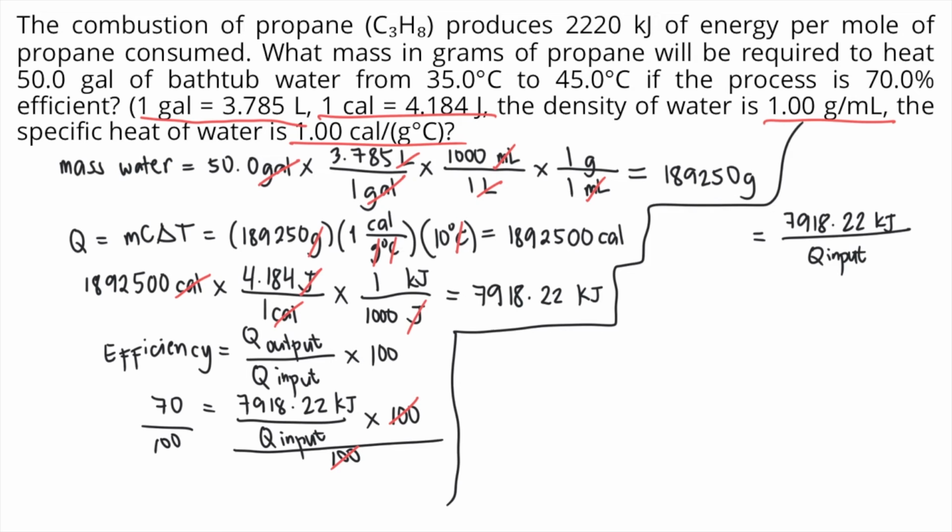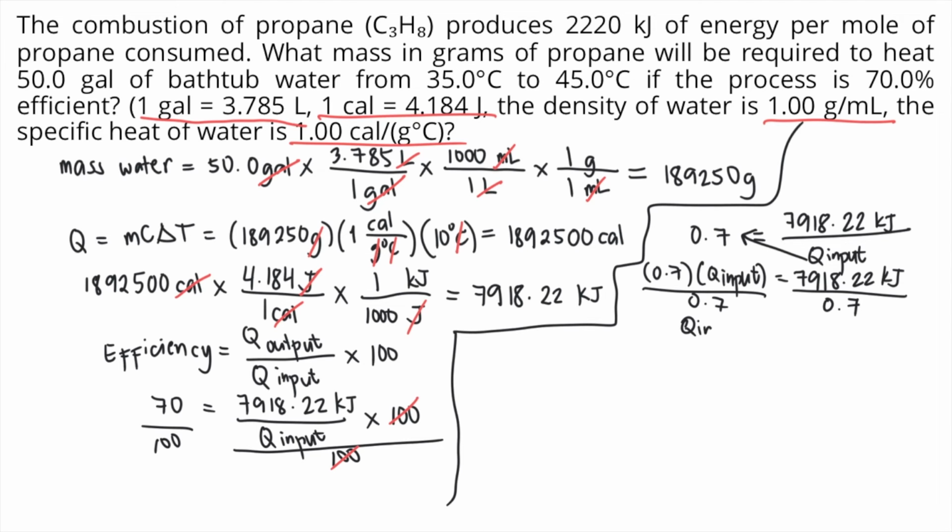And on the left side, you have 70 divided by 100, that's 0.7. And then you cross multiply. You multiply Q input with 0.7. So 0.7 times Q input is equal to 7918.22 kilojoules. To solve for Q input, you just divide both sides of the equation by 0.7.